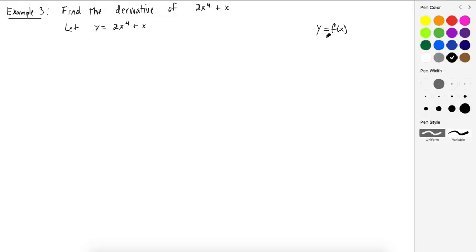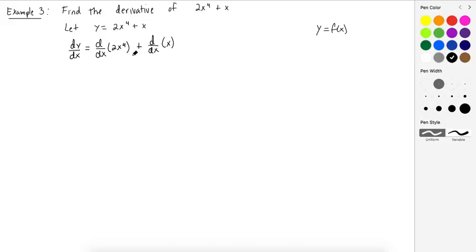So we're taking the derivative with respect to x of this function y. How we write that is the derivative of y with respect to x is going to be d of x of 2x to the fourth, and using our rules, this is the sum rule that we looked at before, we can take the derivative of both of these functions separately.